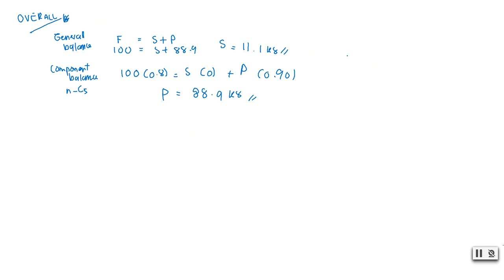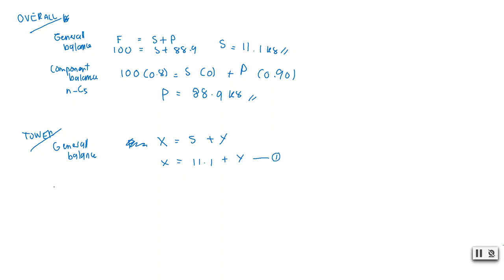Okay, so now we are going to the tower balance, in which for the general balance, X equals S plus Y. For this one, we don't know what X is, we know what S plus Y is. So this is equation 1.